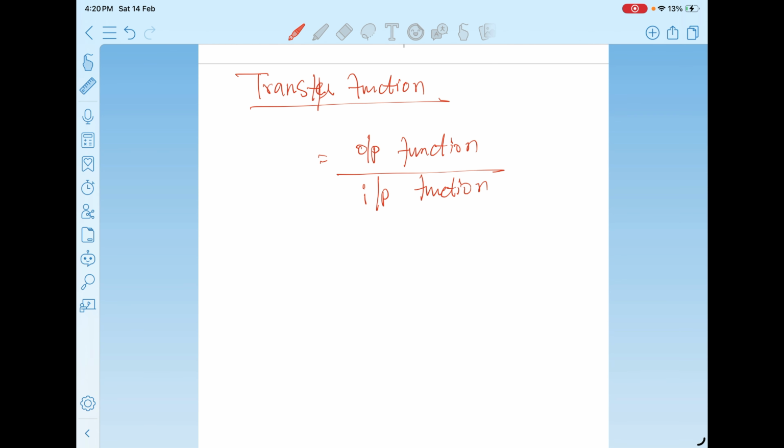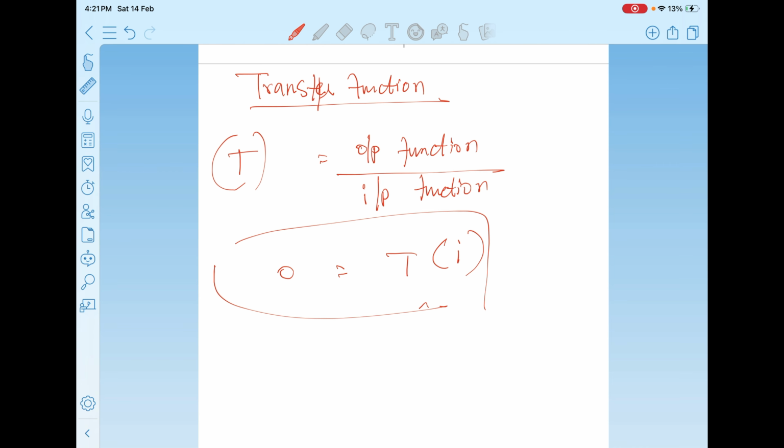Why is it very important? For example, this is a transfer function T. Next time if you want to understand the system behavior, you just have to use this T with different inputs. That means T into input will give you the output.